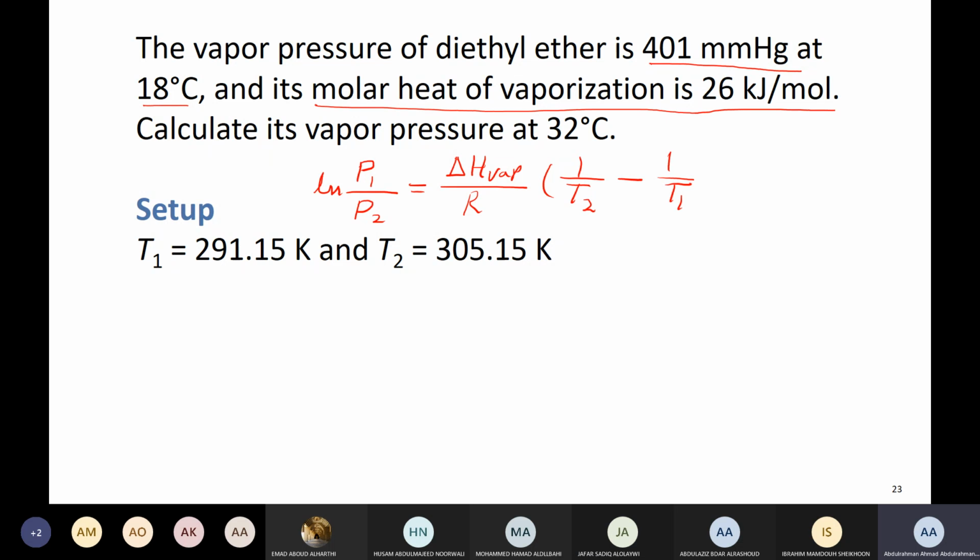You must memorize this equation, and I can tell you 100% that there will be one question in the final on this equation. Is this clear?